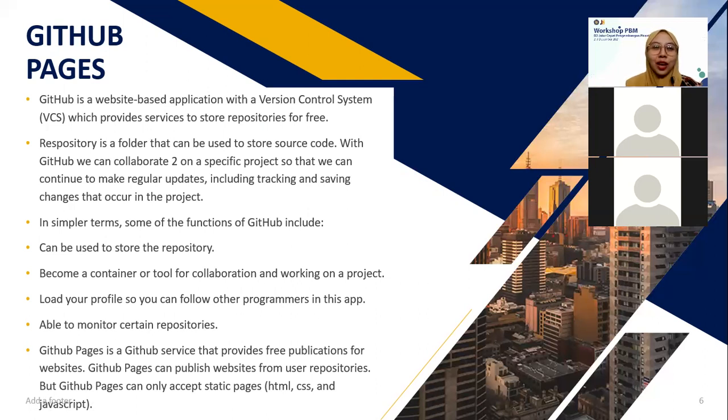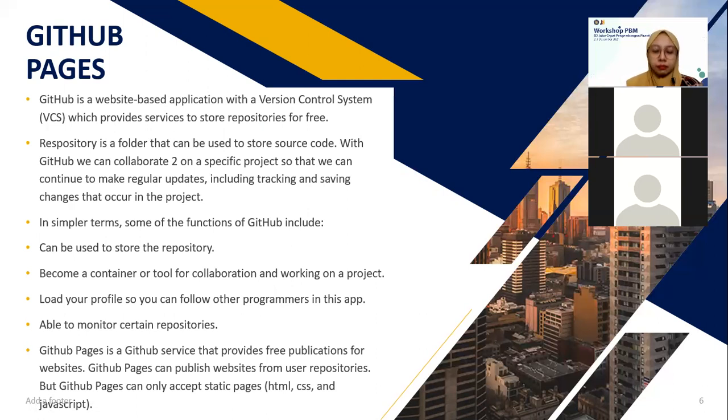So you can upload much code, and usually GitHub can detect whether your code is in PHP or HTML, or maybe Python and other programming languages. So GitHub can detect that. That's why it's good for uploading our project or our code.